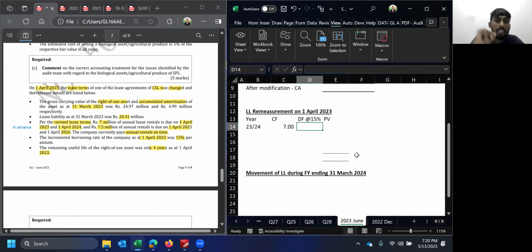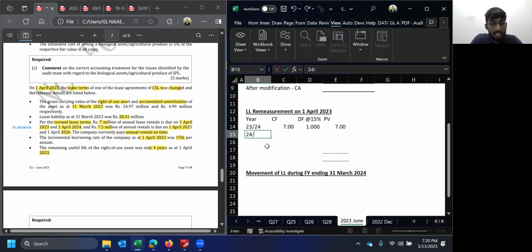Accordingly, it does not need to be present valued or discounted again. Therefore, the discounting factor would be 1. Why? It is already at the present value.